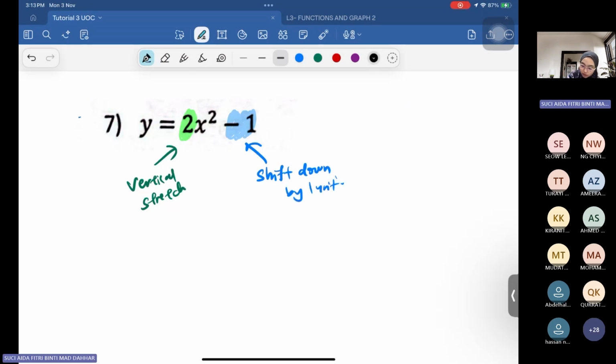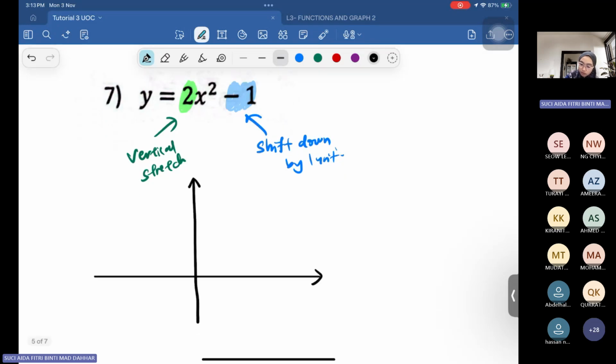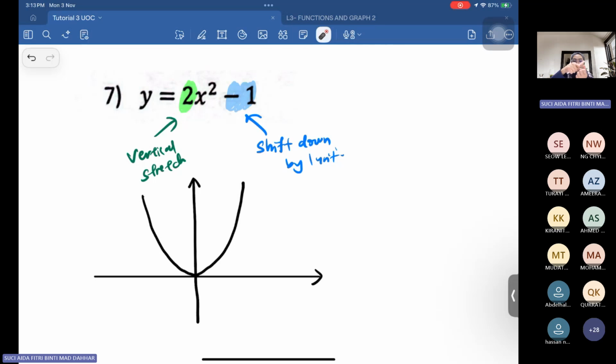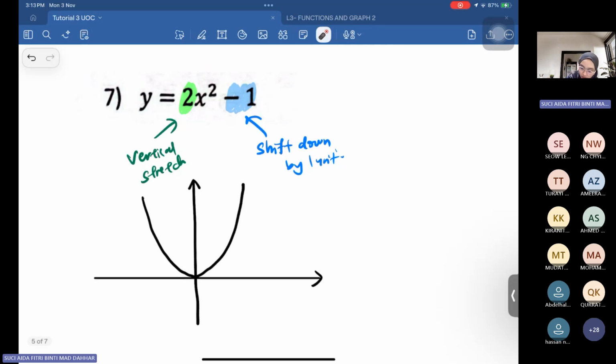So let's sketch the original quadratic. The minimum point is at the vertex, right? This is the original one. But when you stretch vertically by 2, what happens? It will be skinnier and taller, like this.